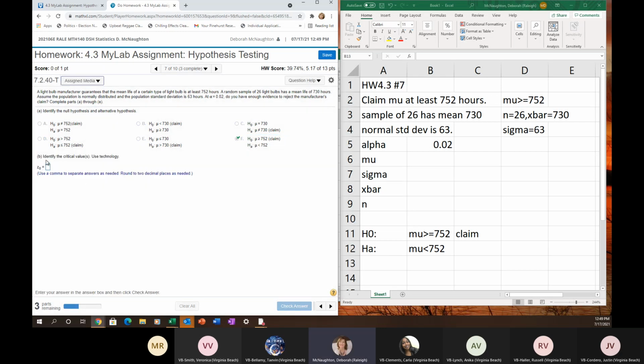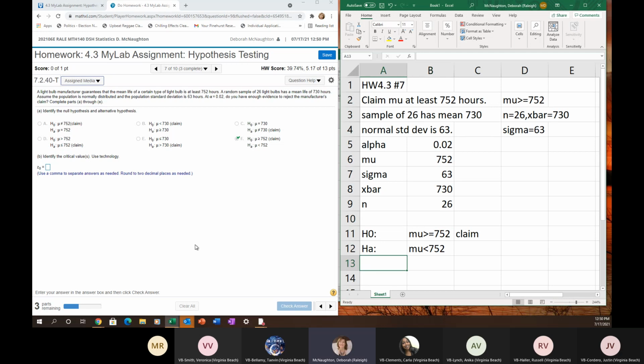Okay, and then it wants us to identify the critical value. So before I do that, let me go ahead and fill these things in. So my mu is the one under the null hypothesis. So it's the 752. And sigma is 63. And X bar is 730, and that's the sample mean. And then the N is 26.